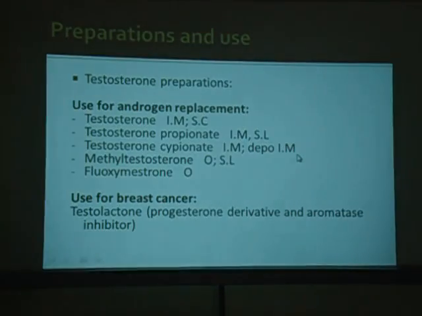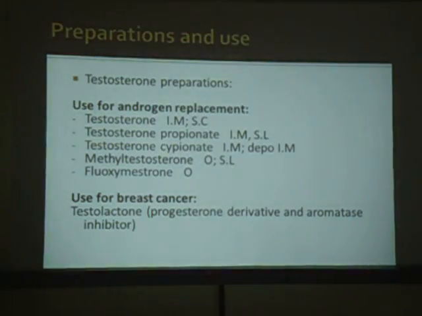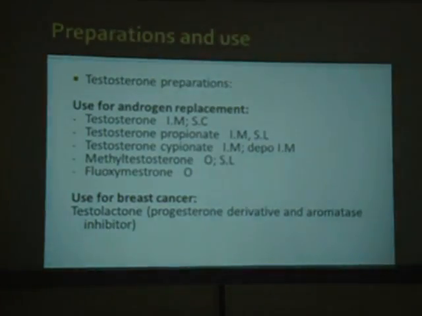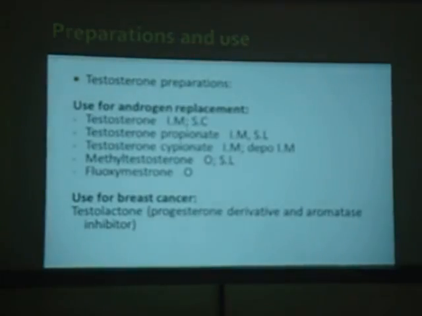Usually testosterone preparations are not orally active, but when they are esterified their activity is increased, and they act for more than 15 days, 1 month, like that. Esterification enhances their activity and makes them orally available.